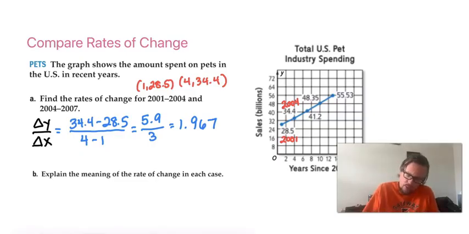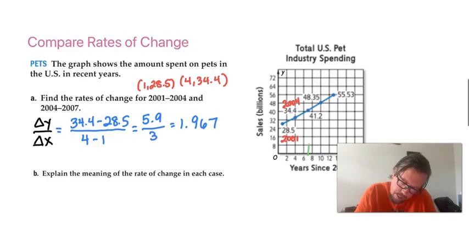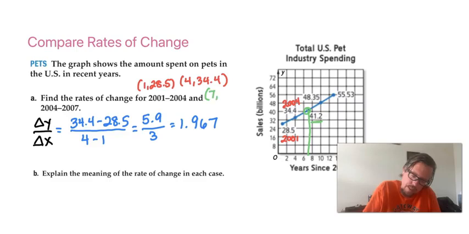Let's do the same thing now with our second set of years, and that is from 2004 to 2007. So 2004, as we know, is (4, 34.4). Let's find 2007. That's going to be in between the 6 and the 8. So this point right here is 41.2. So that point's going to be (7, 41.2).